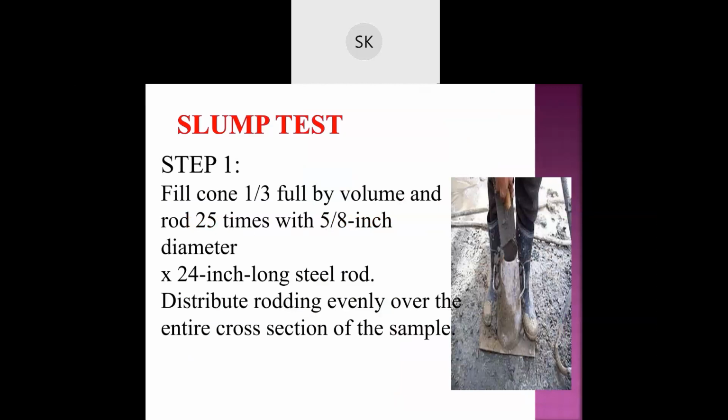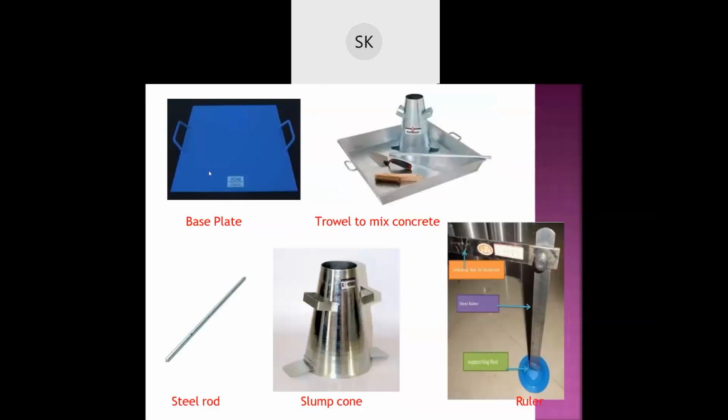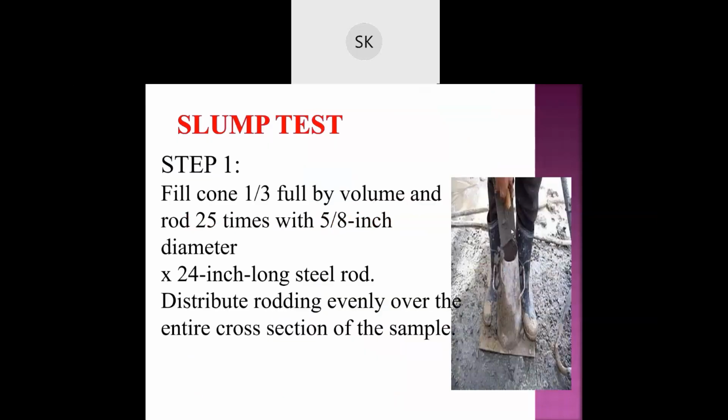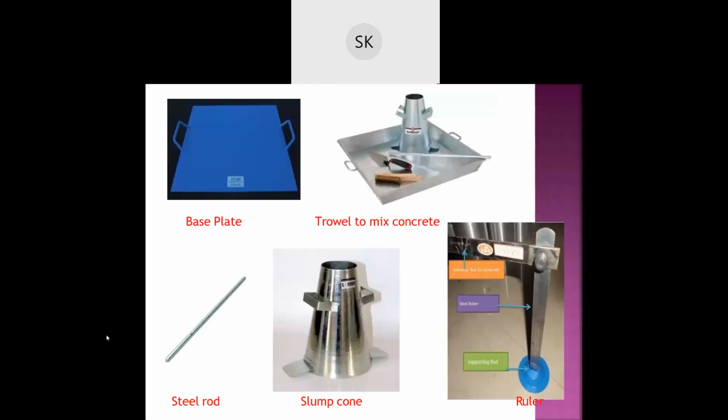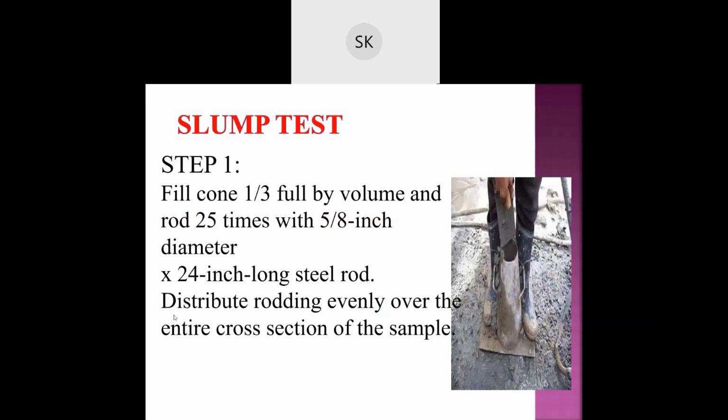After making the concrete, you place the material. This is the base plate, and over that they have kept the slump cone and are filling the concrete. After each layer, they give 25 tamping blows with this steel rod.